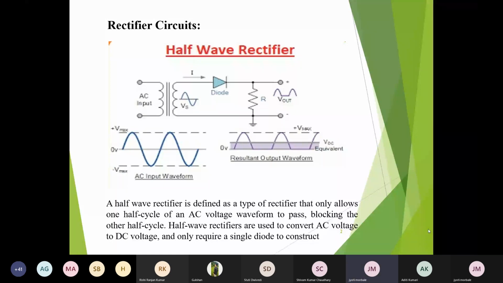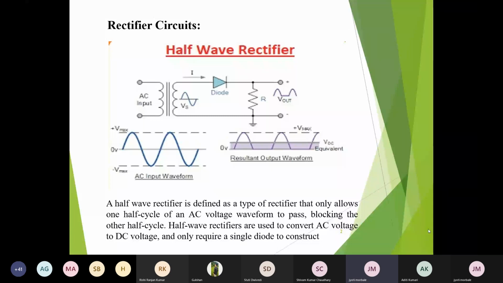So the diode will be conducting in the on state for the positive half cycle and in a non-conducting state for the negative half cycle. So we can observe the output waveforms as shown here in the figure. 0 to pi diode on, pi to 2 pi diode is in an off state.